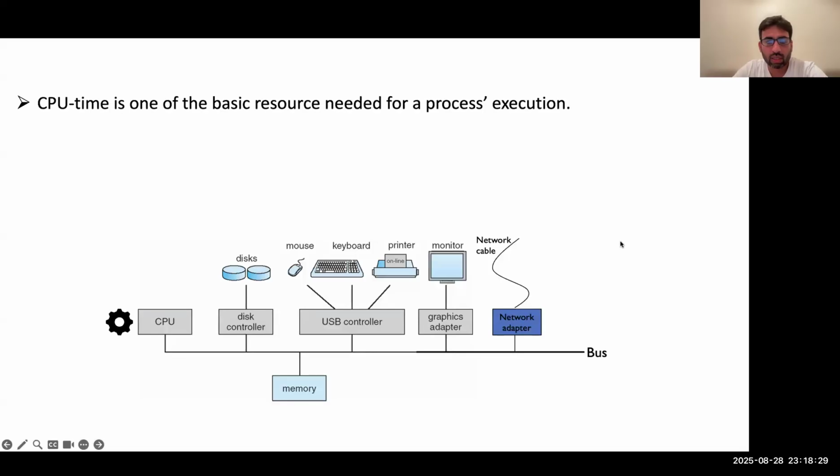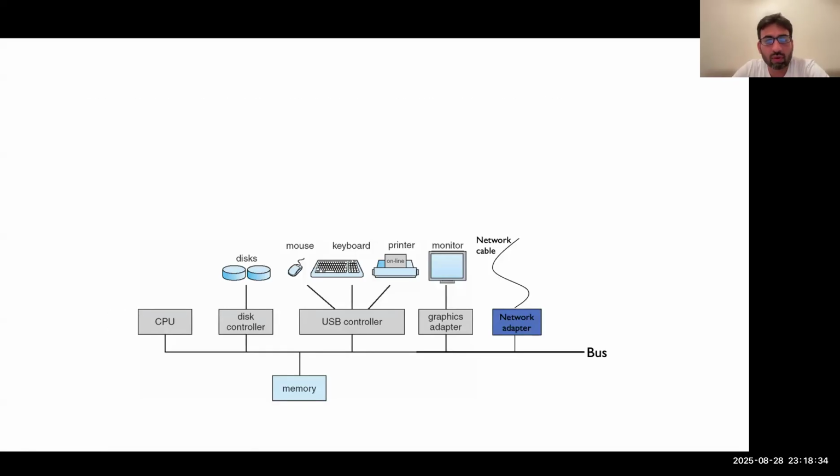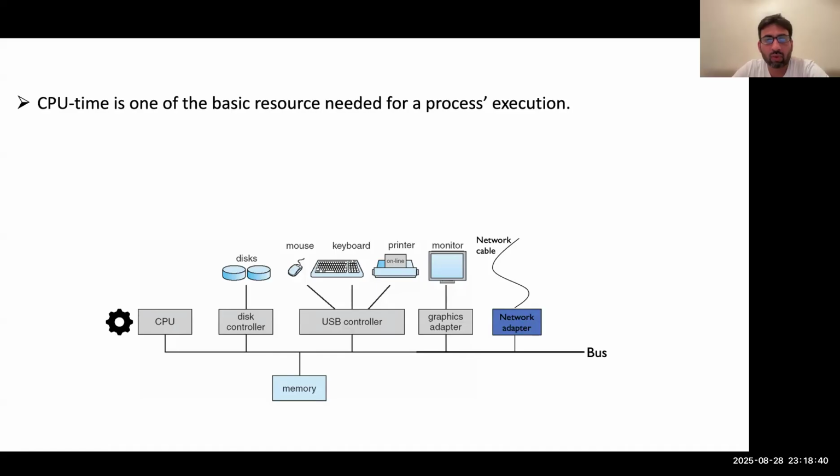Again, the famous picture which we have seen in the previous two sets of lecture slides. The question is: if we want to run applications on a computer represented by this figure, the CPU is the basic resource needed for running an application. If you don't have a CPU, you cannot run an application or a process.